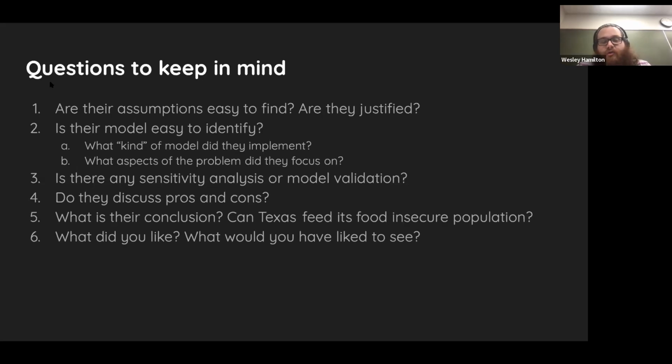Okay, so as we're looking through each of these, here are the questions to keep in mind. Questions 1 through 5 are more fundamental to what makes a competitive M3C submission. And 6 is getting towards some fundamental stuff that may or may not be in there that you would have liked to have seen.